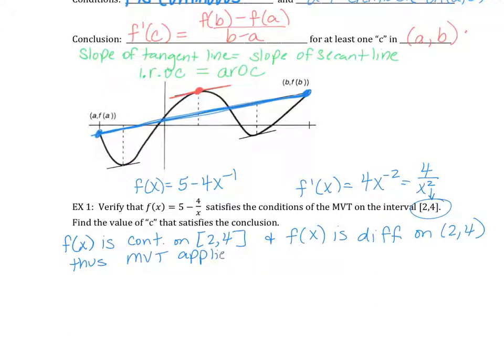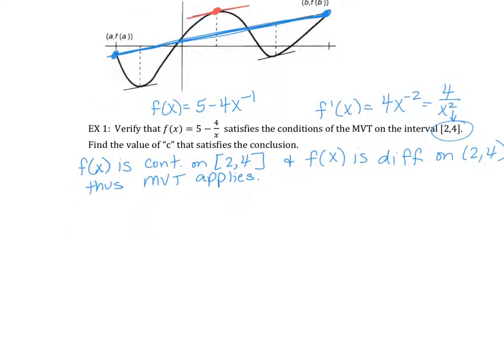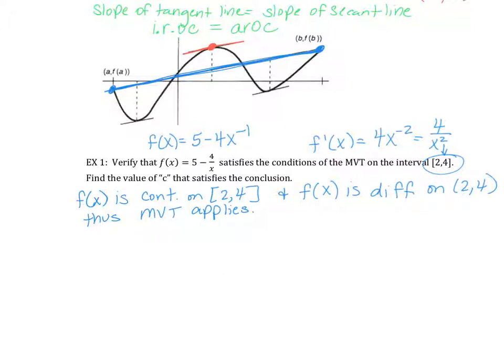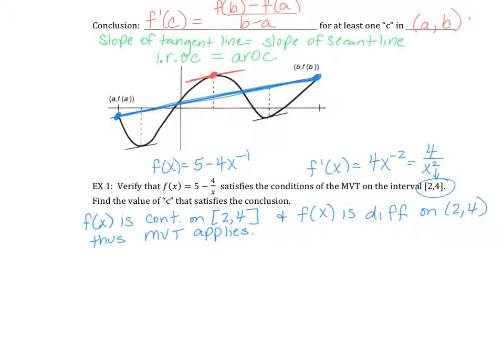So you always need to look for the conditions. Now, once I've verified that it does apply, it says find the value of C that satisfies the conclusion. So remember, what is the value of C? Looking at the picture, there's some x value, C, where the slope of the tangent line at C is equal to the slope of the secant line.